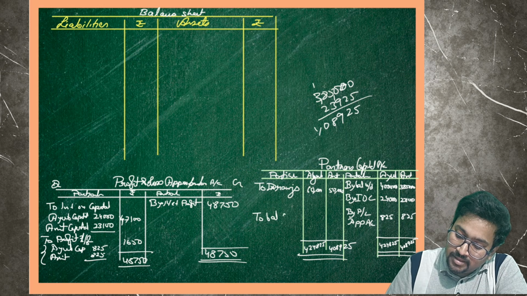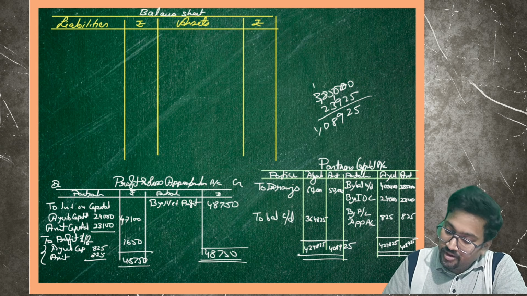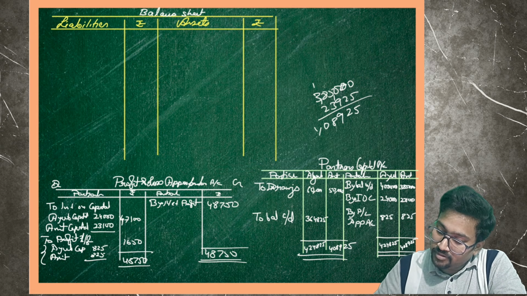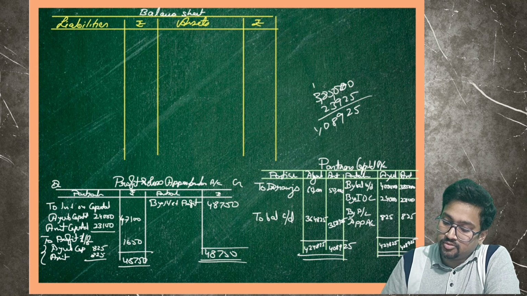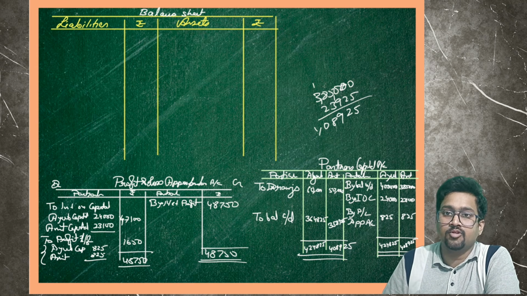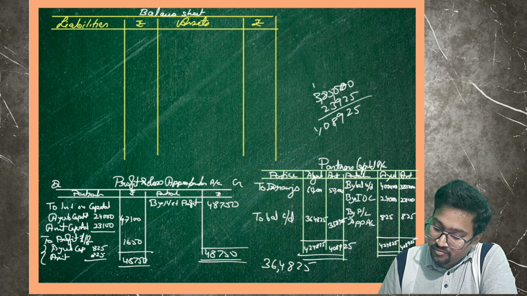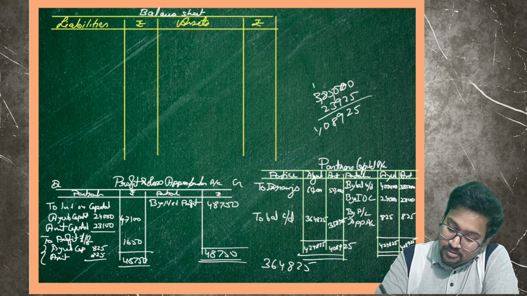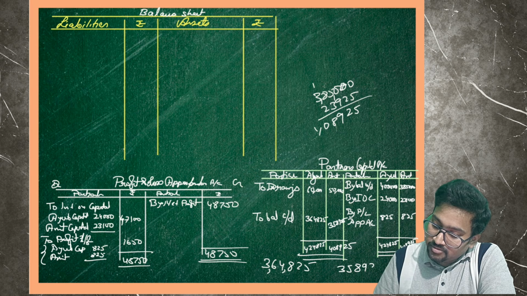So we'll get to balance c/d, which will be 3,64,825, and for Amit it will be 4,08,925 minus 50,000, so this will be 3,58,925. Here there is very little space left, so I'll write it in big figures. 3,64,825 is for Ayub, and for Amit it is 3,58,925.